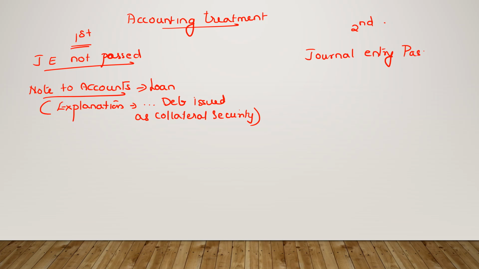So if the company decides that the debentures are issued as collateral security, it would pass a journal entry. The journal entry that you would pass in the books of the company would be debentures suspense account debit to the percentage debentures account.